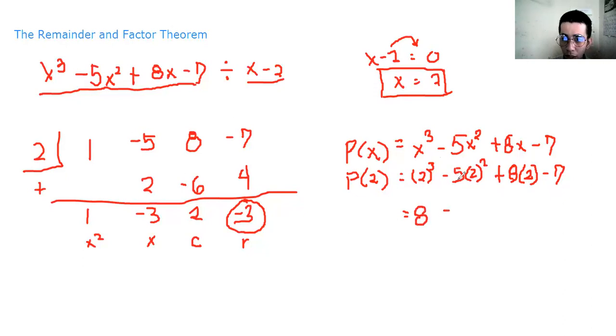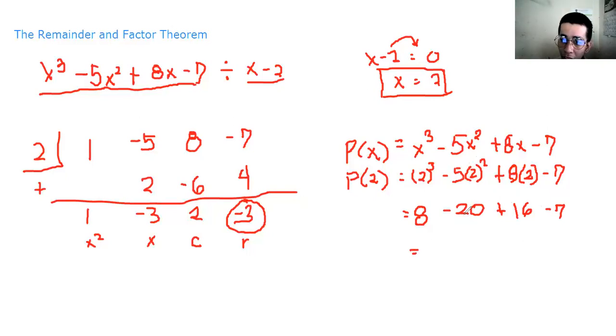So, this will be minus kasi 2 squared, that is 4. Then, 4 times 5, that is 20. So, we have negative 5. So, negative 20 will be the answer. Then, this will be positive 16, and minus 7. Okay, then combine.